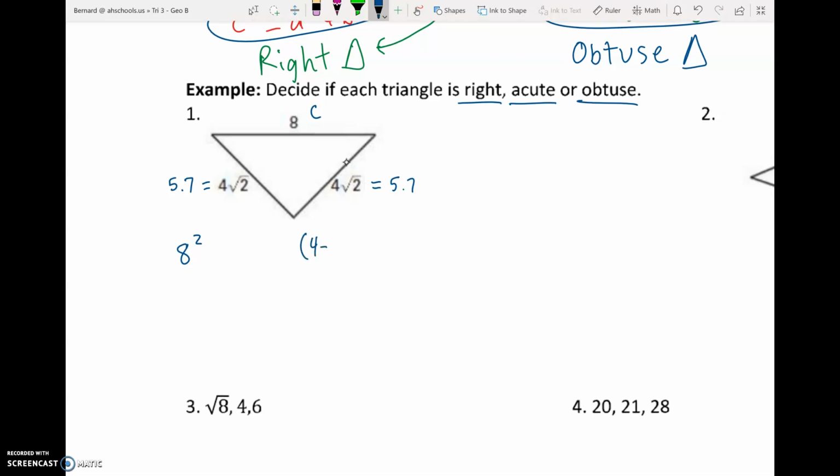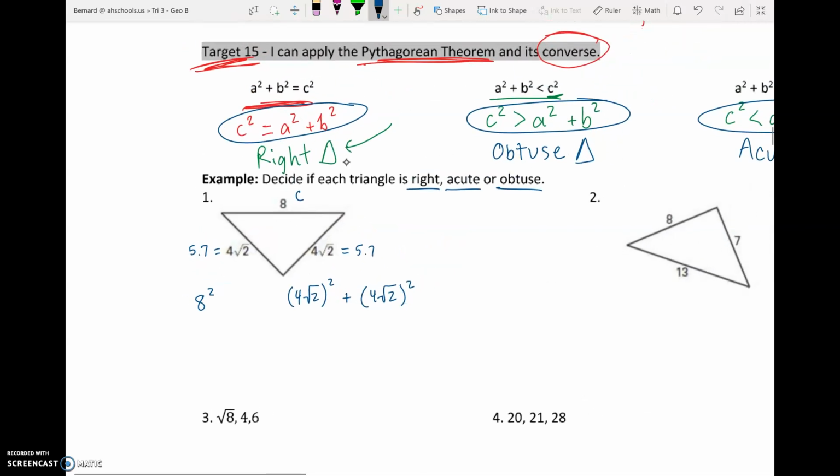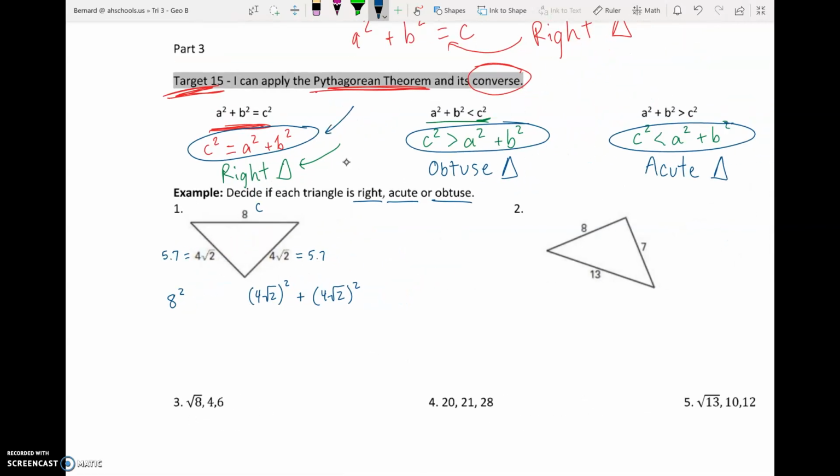So that's like 4 times the square root of 2 squared plus 4 times the square root of 2 squared, right? And the reason I'm squaring those and adding is because if you look at any of these 3 situations here, c squared gets squared by itself. That's the 8 squared part down here. But then the other 2, a and b, they get squared and added together. And so that's what I'm doing in this part here.